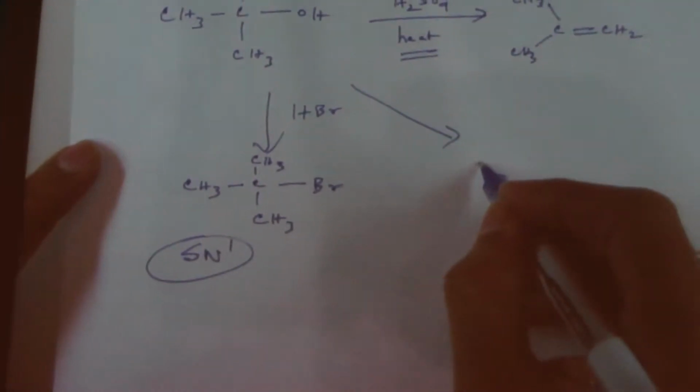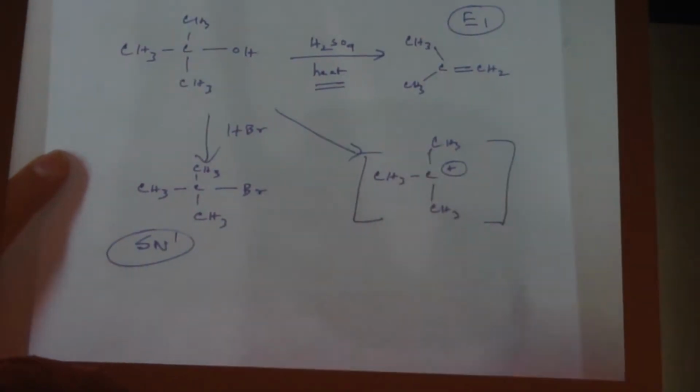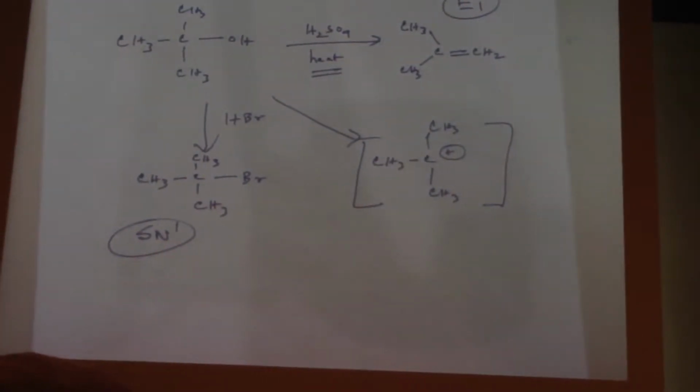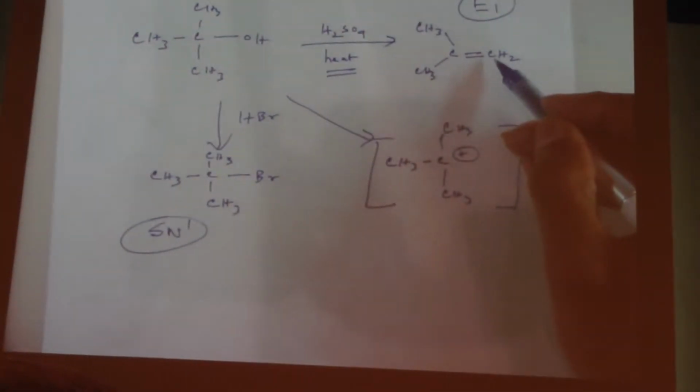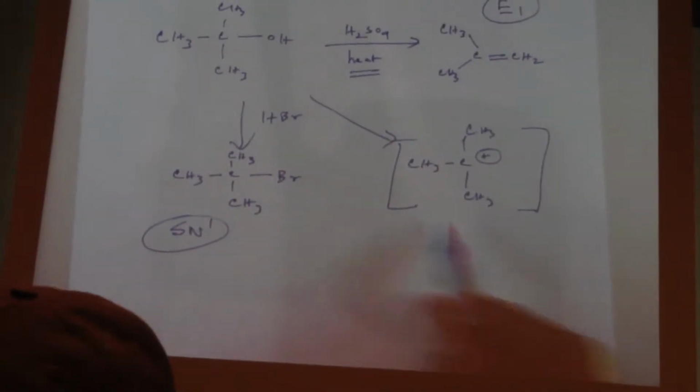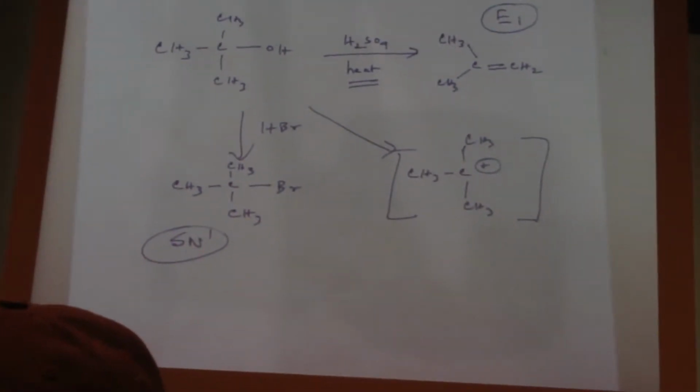Both of them involve the intermediate formation of a carbocation. When there is an absence of a nucleophile, it goes through the E1 pathway. When there is a reasonably good nucleophile present, it will go through the SN1 pathway.